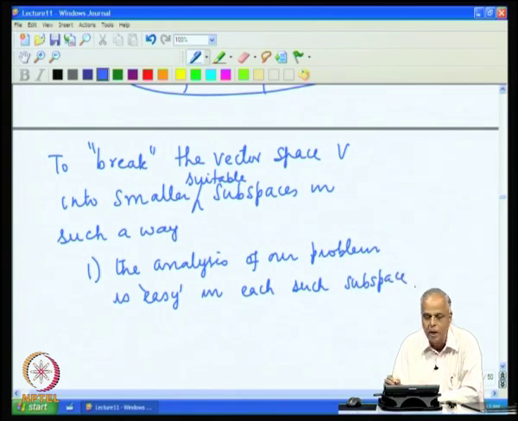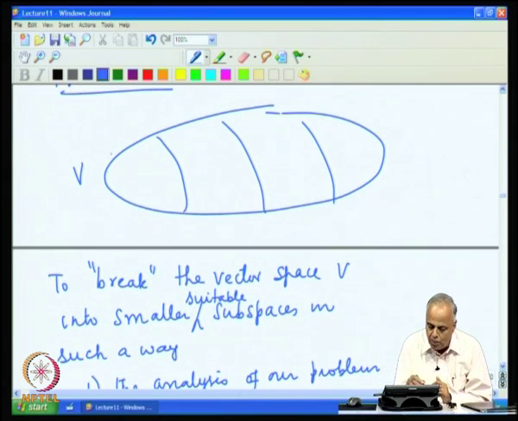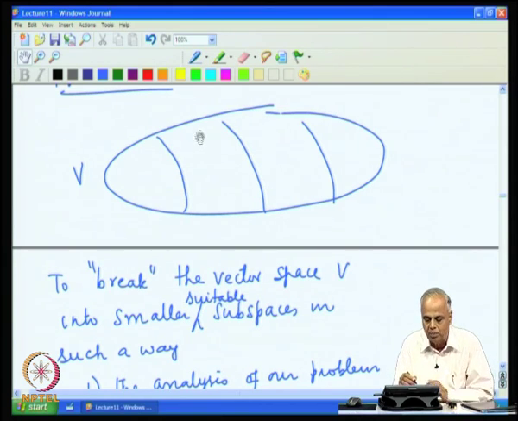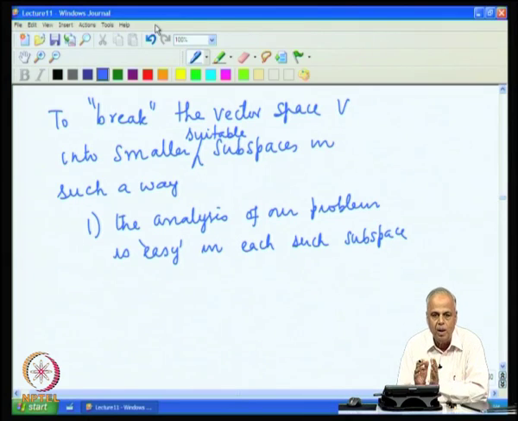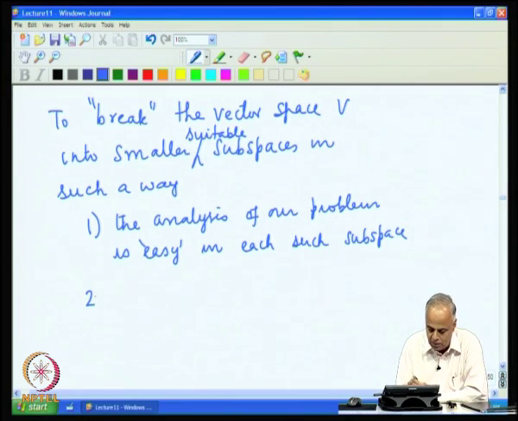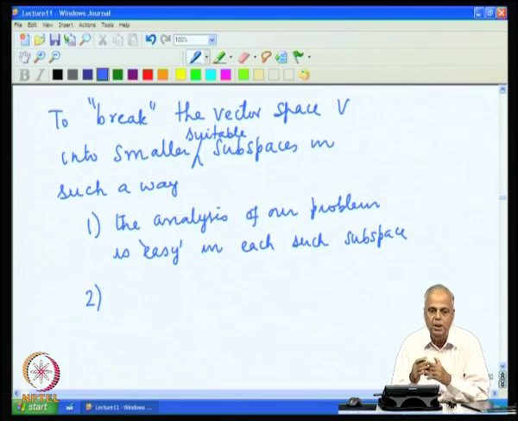So, we have broken the space into smaller pieces. Now we analyze the problem in each one of these pieces, and the way we break should be such that the smaller piece analysis becomes easy. And number 2, from this easy analysis of the smaller pieces, we must be able to patch up and get the full analysis.